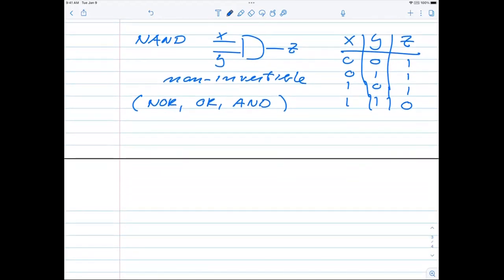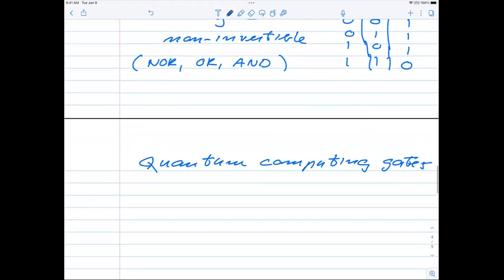So let's now go and look at the quantum computing gates, and the type of operations which we need to set up. The typical thing we're going to do now is that we have an input-output state of an n-qubit system.